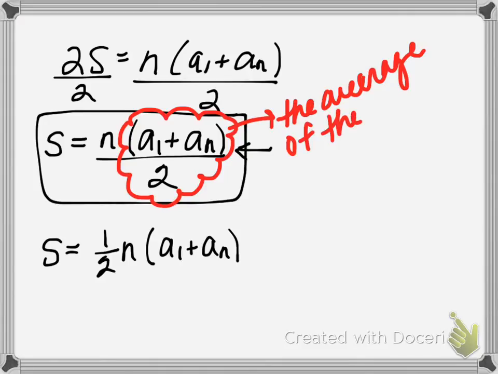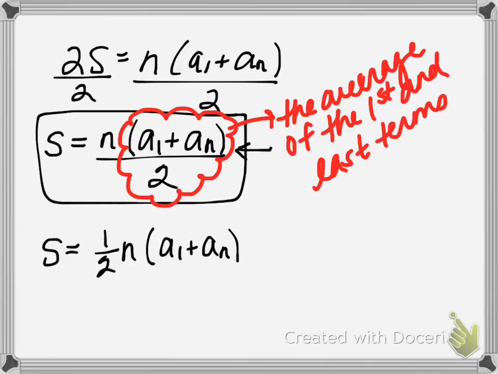So it's the average of the first and last terms, since you're adding the two and then dividing by 2. Then we're multiplying by n, and n represents the number of terms. So essentially this formula is the same as multiplying the number of terms by the average of the first and last terms. And this is our general formula, which will give us the sum of an arithmetic sequence.